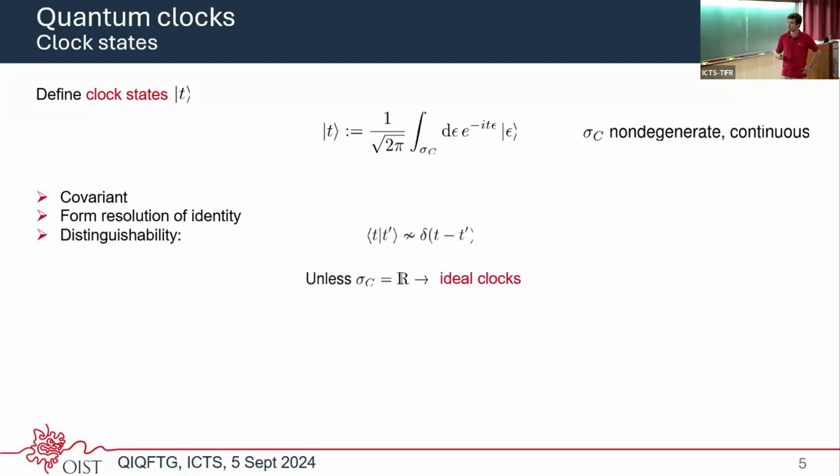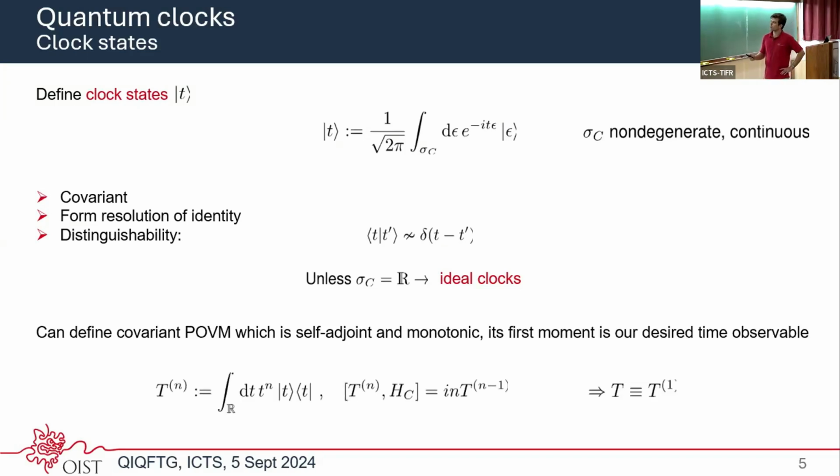But more importantly, if the spectrum is not the full real line, then the overlap between two clock states is not proportional to the delta function. So there is some fuzziness between the clock states. You cannot perfectly distinguish between two times of the quantum clock when the spectrum is not a full line. And if it is, then we call them ideal clocks, because then they're perfectly distinguishable.